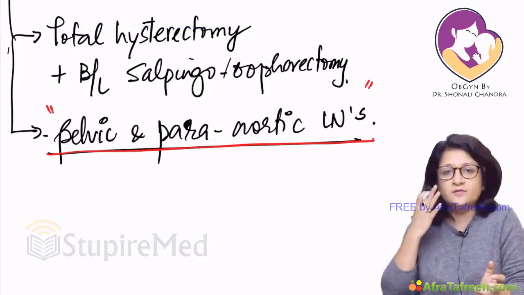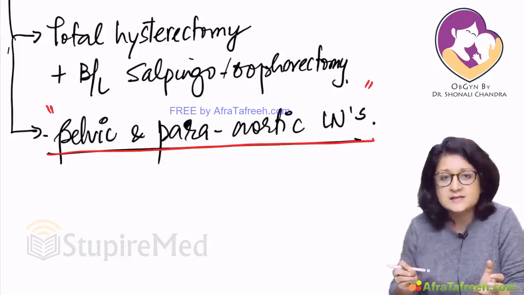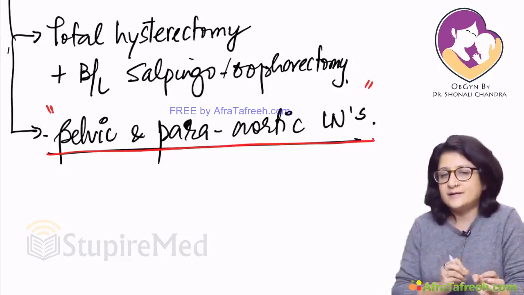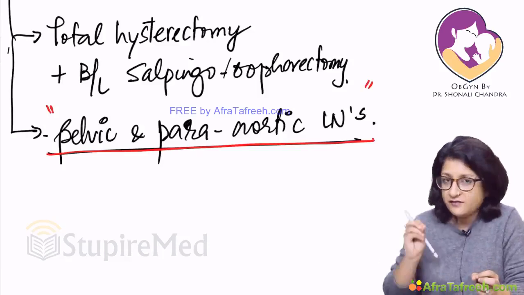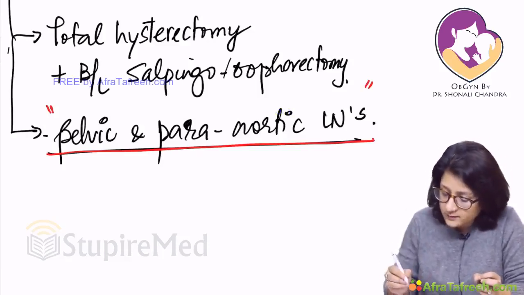They are always removed because the incidence of pelvic and para-aortic lymph nodal metastasis in apparently early clinical stages is also very significant. If we leave them behind, that can lead to recurrence. So that is why they should always be removed.